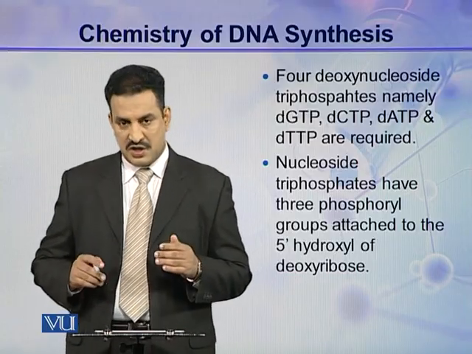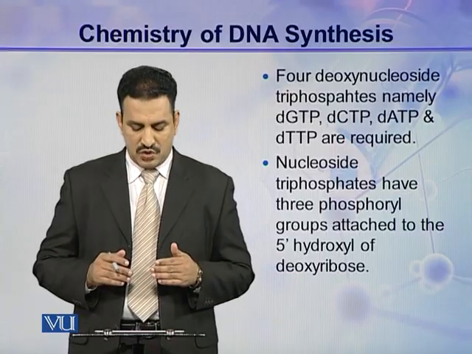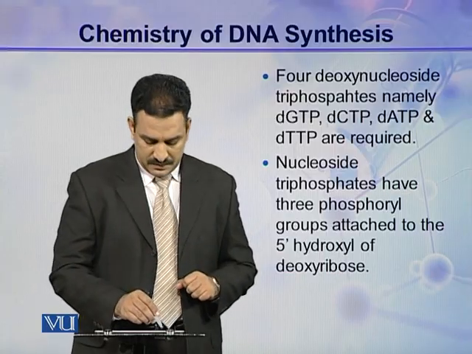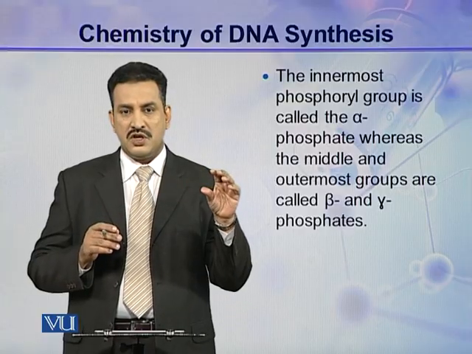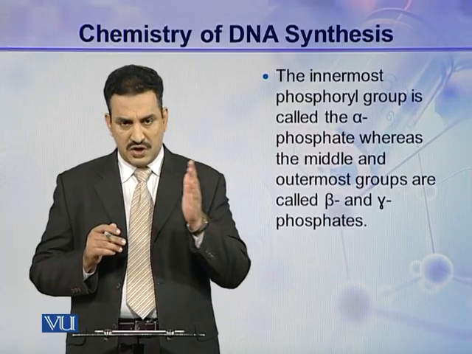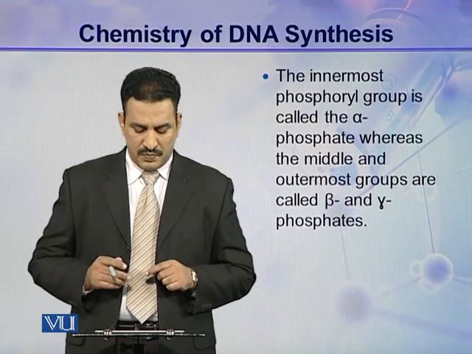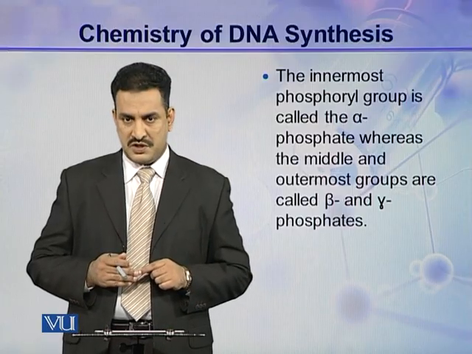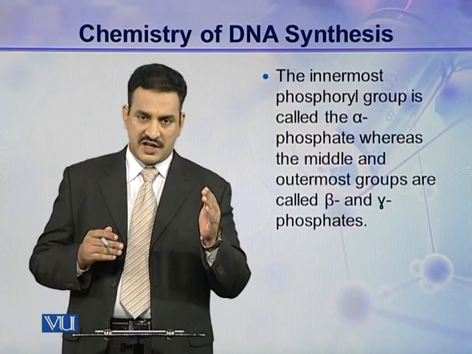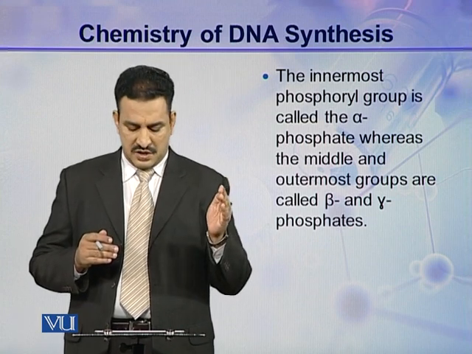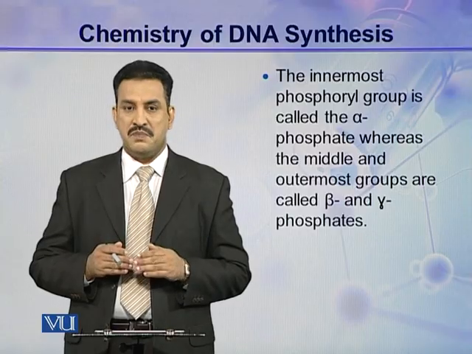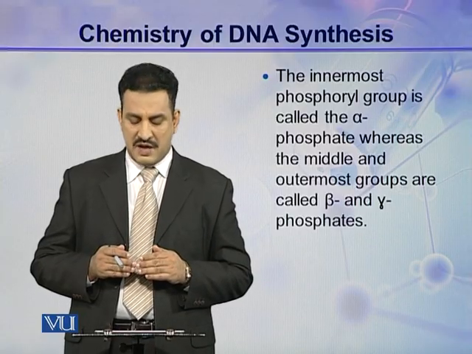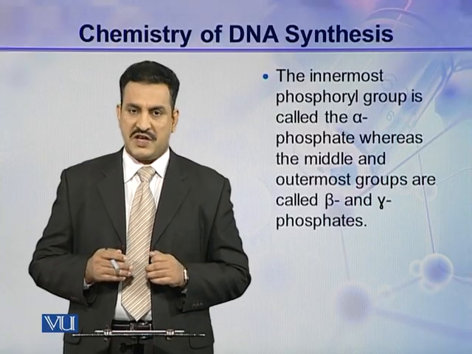So in this way it becomes nucleoside triphosphates. In these three phosphates, the innermost phosphoryl group is called the alpha phosphate, while the second and third, that is the middle and outermost groups, are called beta and gamma phosphates respectively.